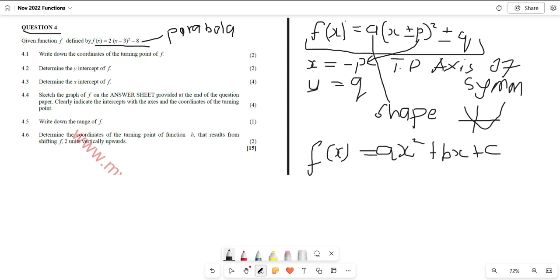But if the value of a is a negative number, any negative number, whether a fraction or a whole number, we are going to have a parabola that is facing downwards. That is the shape of the parabola.